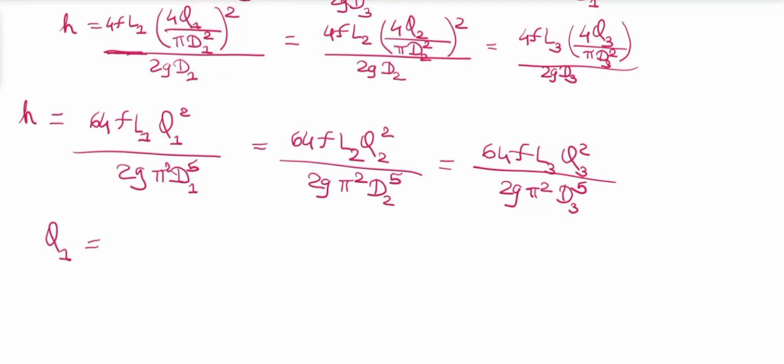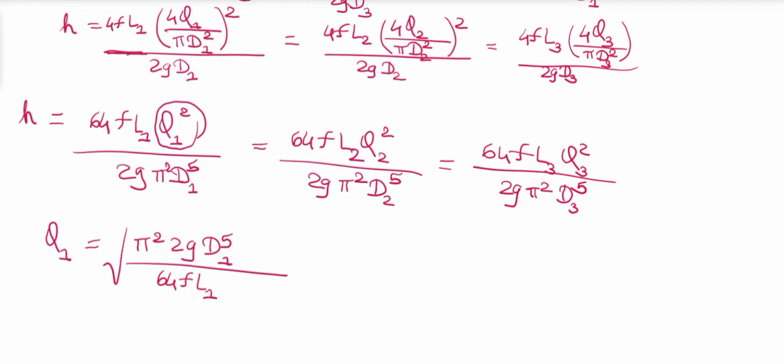But here we'll make Q1 as the head of the equation. This will get multiplied here, so it will be 2g pi square d1 raised to 5 into h divided by 64 FL1, and the square root of this will come because here we are having Q1 square, so this will be the root of.